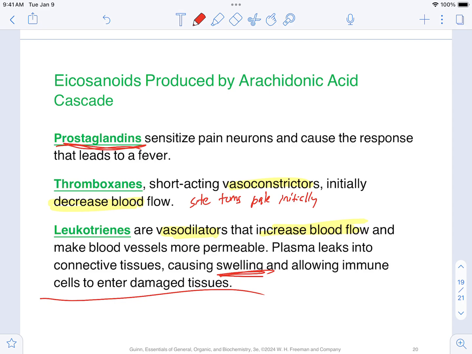One other thing I did not mention, this right here, sensitive pain neurons. This is the signal to the brain to get out of harm's way. So if you put your hand on a hot stove, you take your hand off because of your prostaglandins.